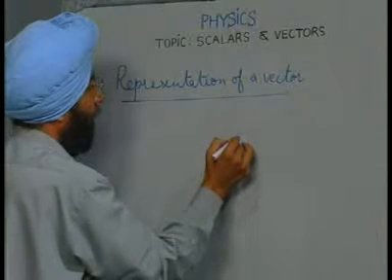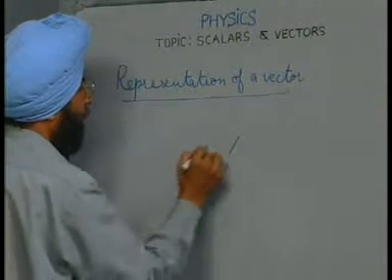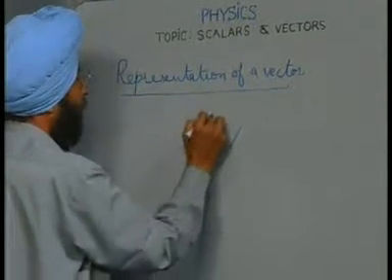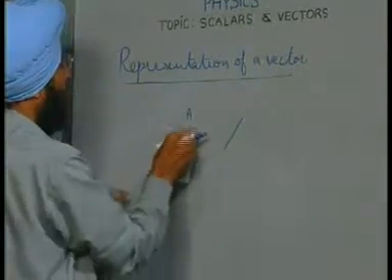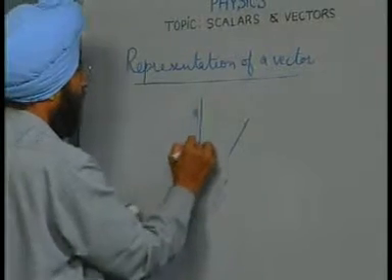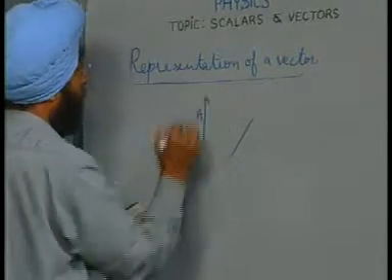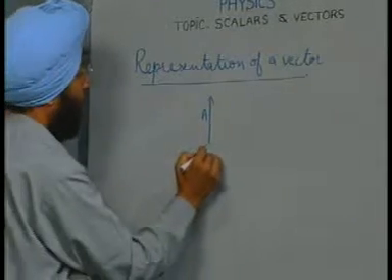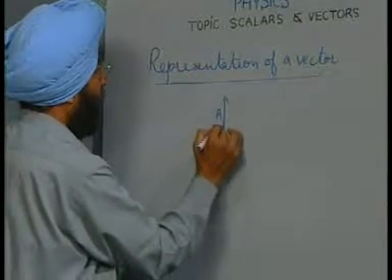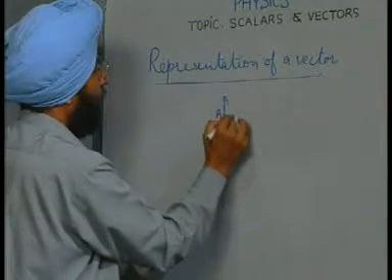Suppose we have here vector A in the direction south to north and magnitude is 3 kilometers.